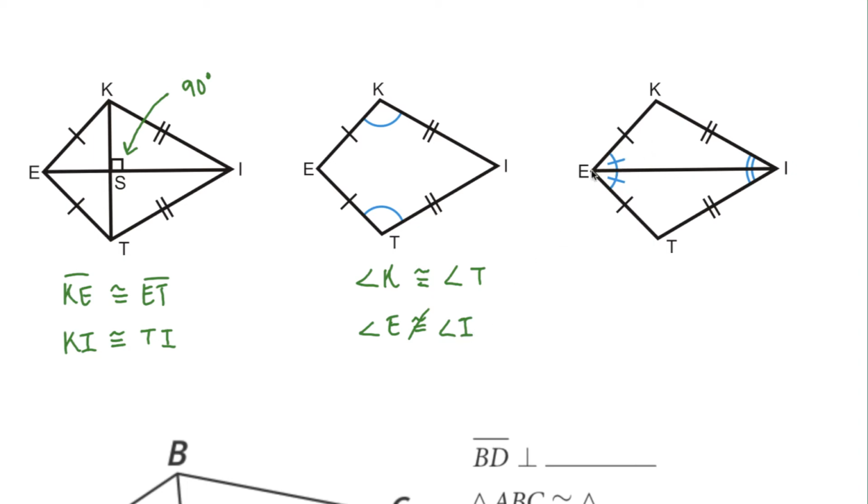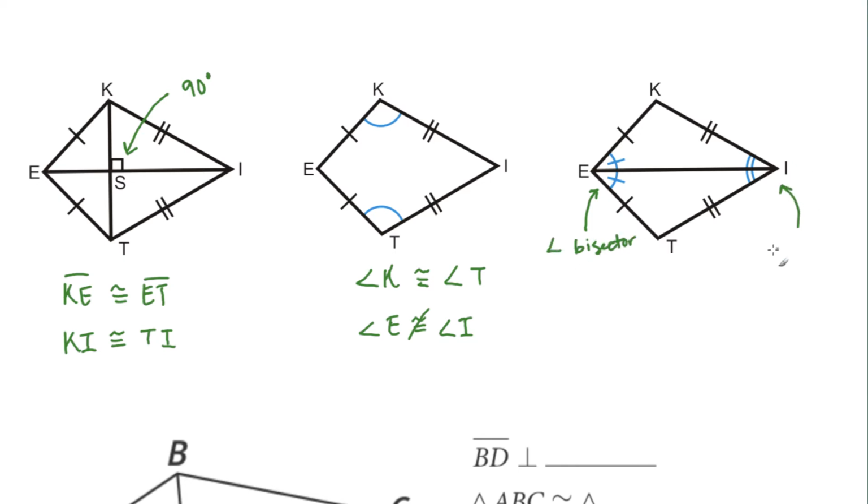And lastly, when you draw this line from E to I, connecting this right here, this is like a bisector, an angle bisector.